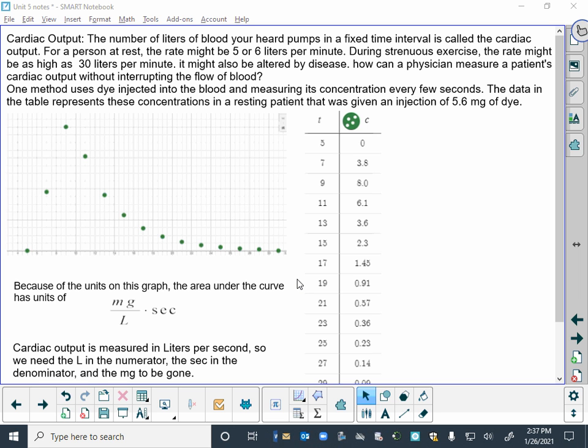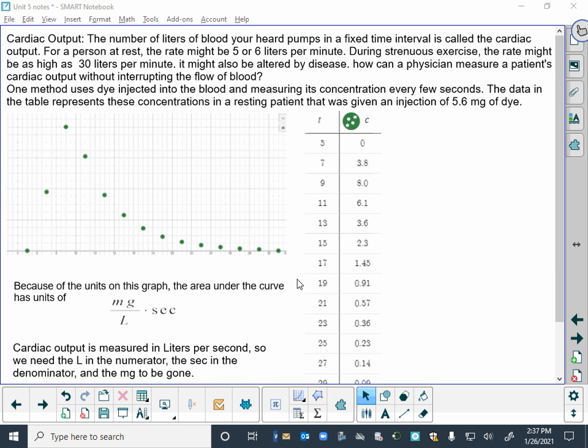This is a graph and a table that measure some of that. So we've got the time here, 5 seconds after it was injected, and the concentration. The concentration is in milligrams per liter. This kind of shows a graph there.